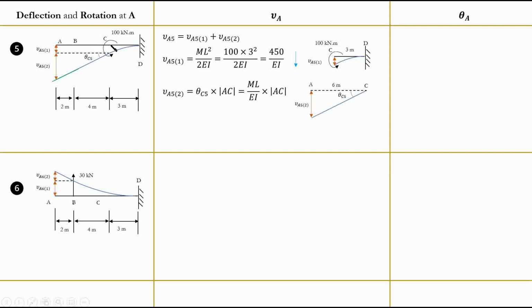Point C. So if I find my rotation from this case, at the end, for which you have the value, ML over EI, I can basically solve this question. So I'll say ML over EI multiplied by the length of AC, and you can just substitute the value. You will see 100 times 3 divided by EI times 6. I understand this might be a little bit complicated to understand, so take your time.